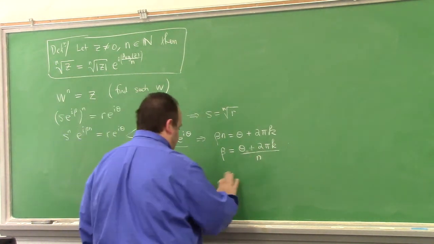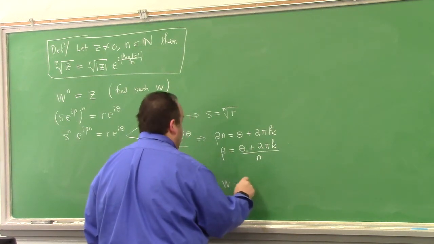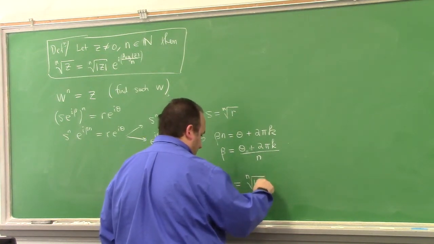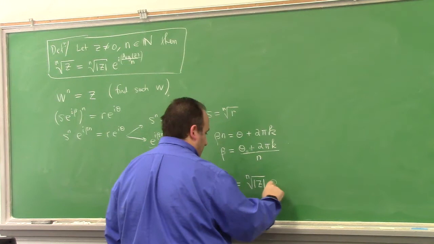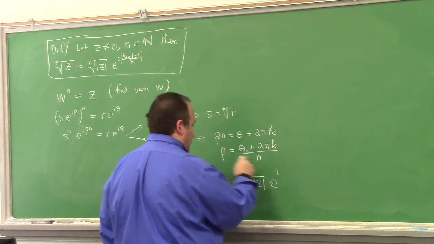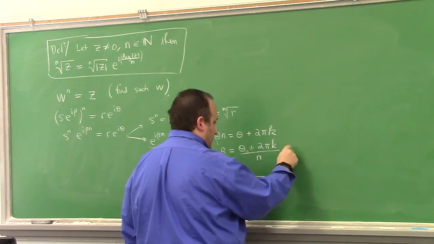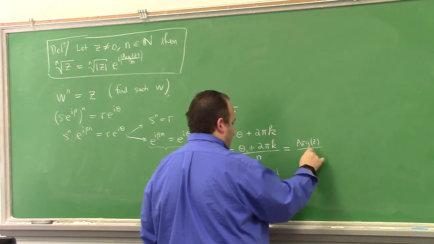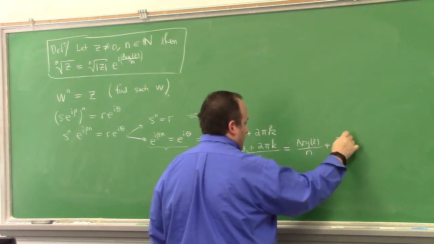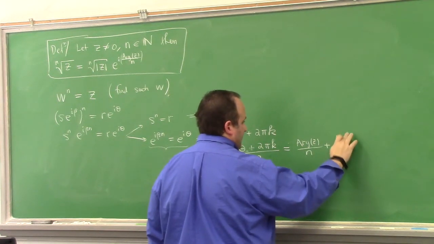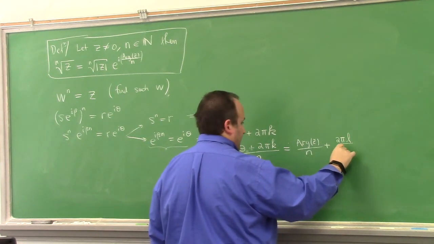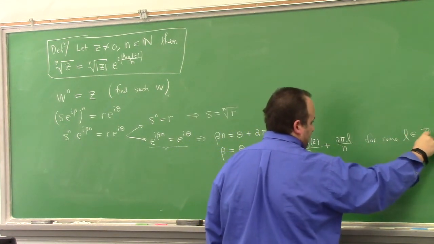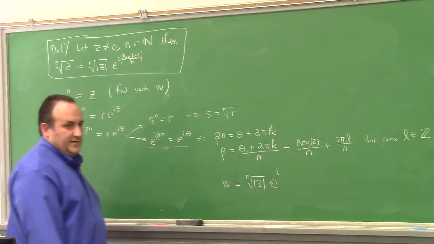So what this shows us is that w is equal to the nth root of r, which remember is just the modulus of z, and then e to the i, without loss of generality, the argument of z over n, plus 2 pi L over n for some L. I didn't say that theta was the argument.